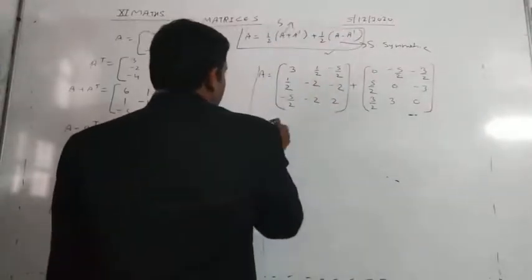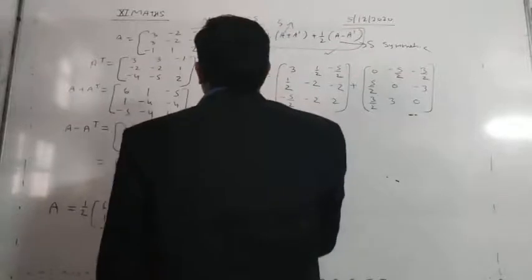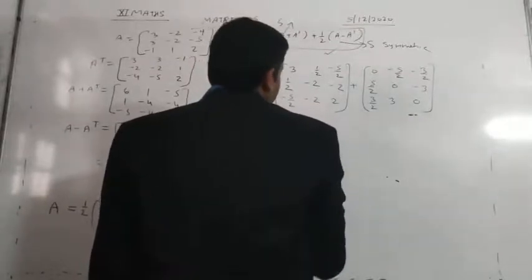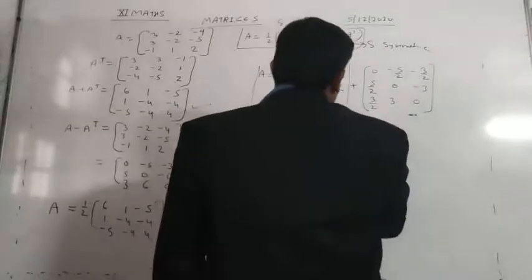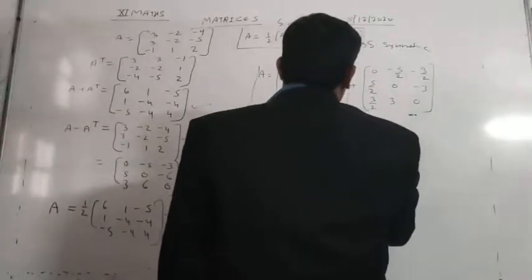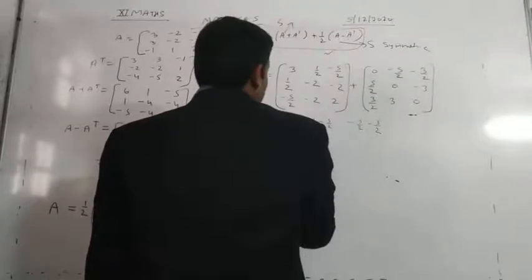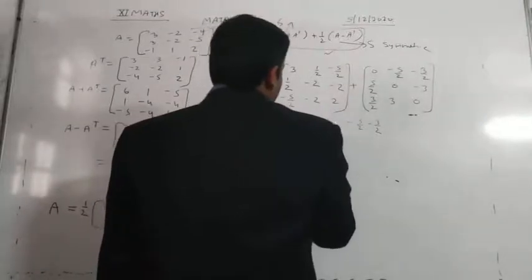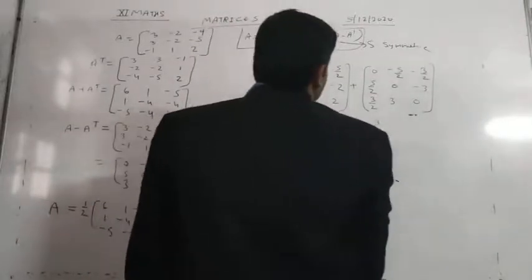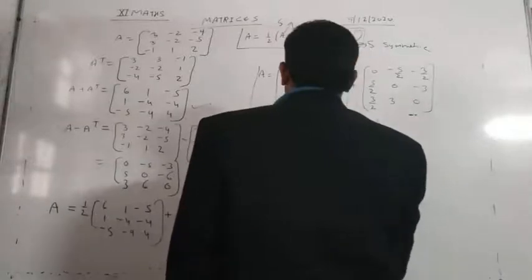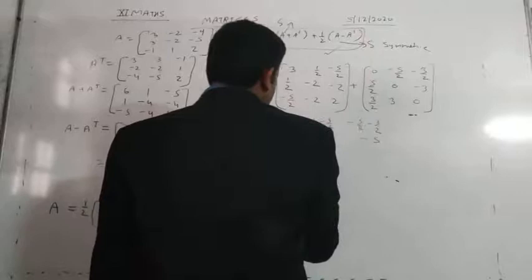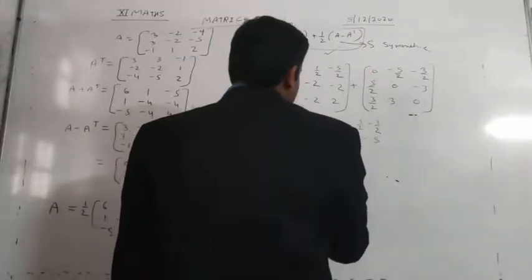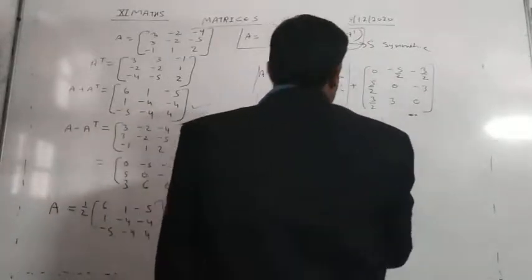Now we have got this. Now we will add these: 3; 1/2 minus 5/2; -5/2 minus 3/2; 1/2 plus 5/2; -2 and -5. Now the third: -5/2 plus 3/2, 1 and 2.